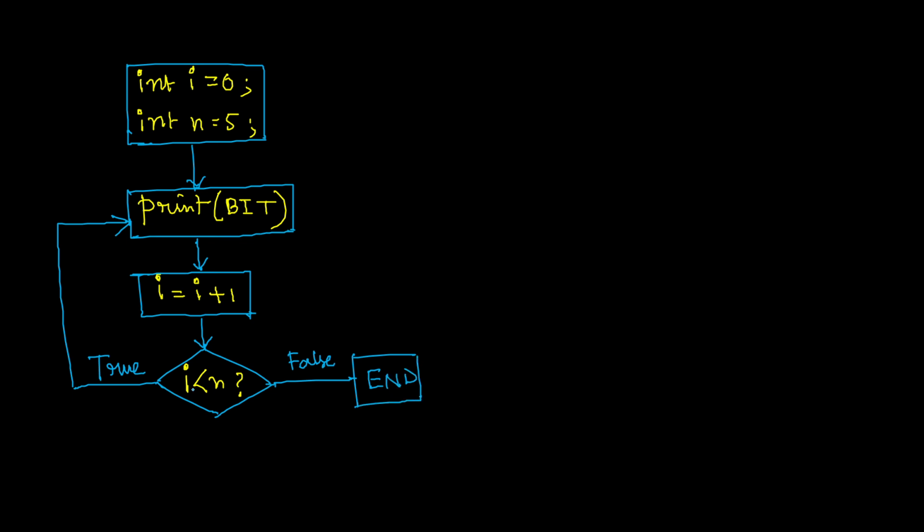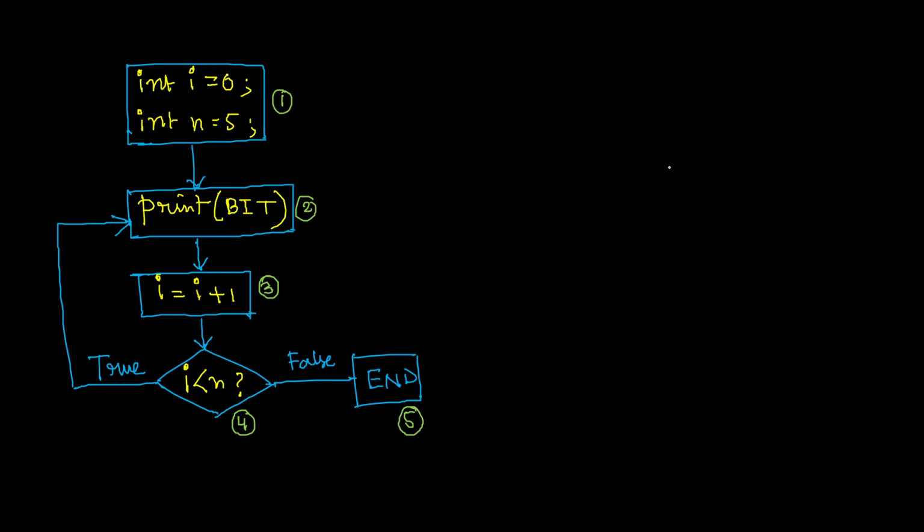So if I want to do this, then if I just do the same thing, this is line number 1, this is line number 2, this is line number 3, this is line number 4, this is line number 5.